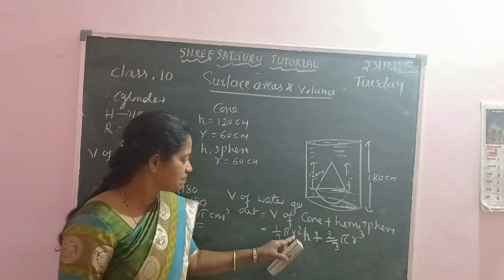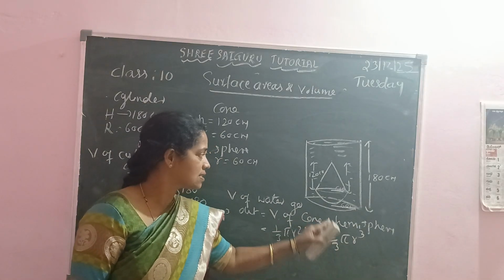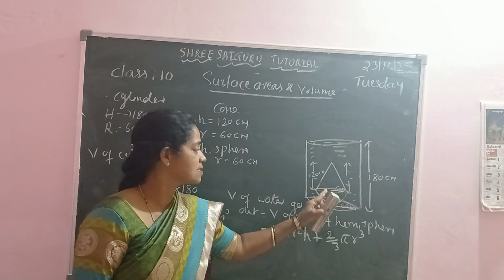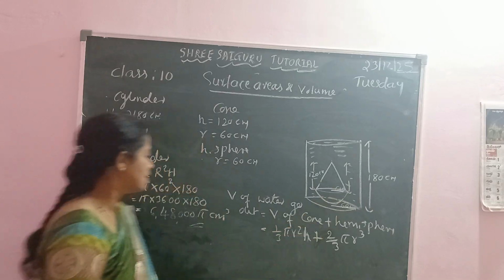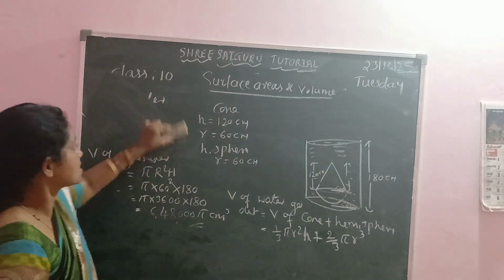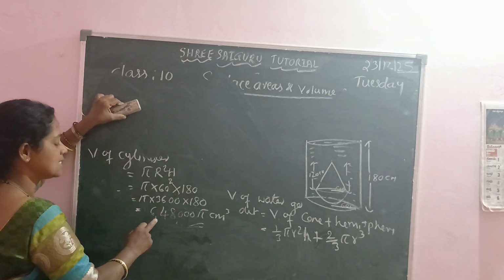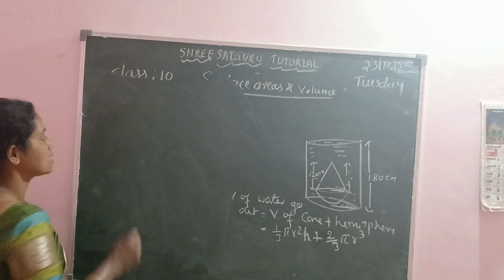The radius of the cone and hemisphere is same here because these two are combined at one common region. So the radius of cone and hemisphere remain same. Then let us calculate next one. Okay, so here volume of the cylinder is 6,48,000 pi centimeter cube. Then I will continue here.